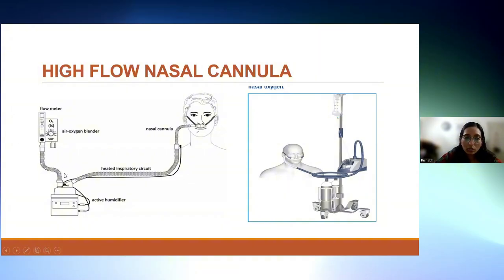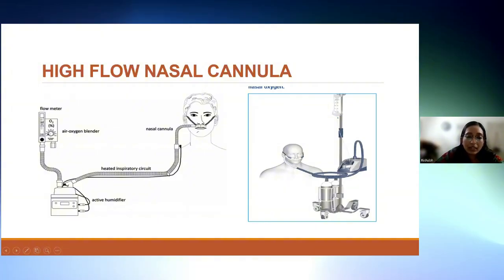Once the gas enters, there's an active humidifier which warms the gas to at least body temperature, 35 to 37 degrees Celsius, and then it passes through a corrugated tube. This corrugated tube is embedded with a heated wire.